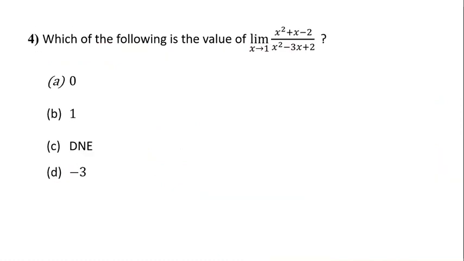Now, what is the limit of this expression? If we have a rational function, meaning the denominator and numerator are polynomials, you can directly substitute 1 inside and see what you have. Okay, now let's try to do it.